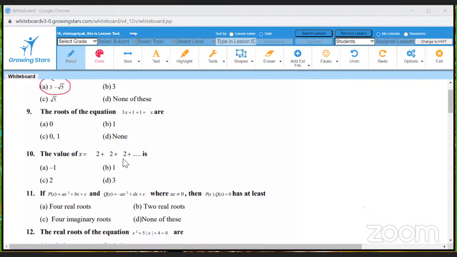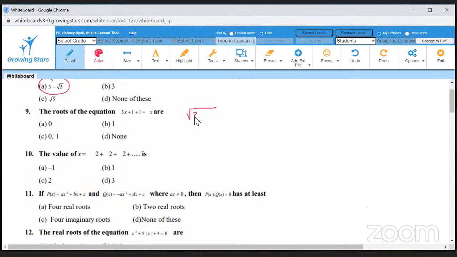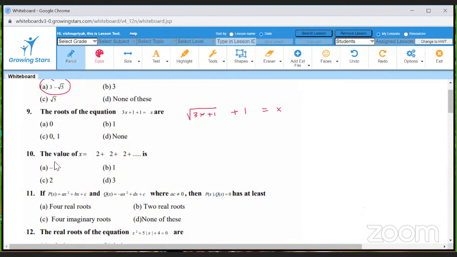And that printing error, I will tell you what it is. It is square root of 3x plus 1 equal to x. This is the equation. You have to find the roots.